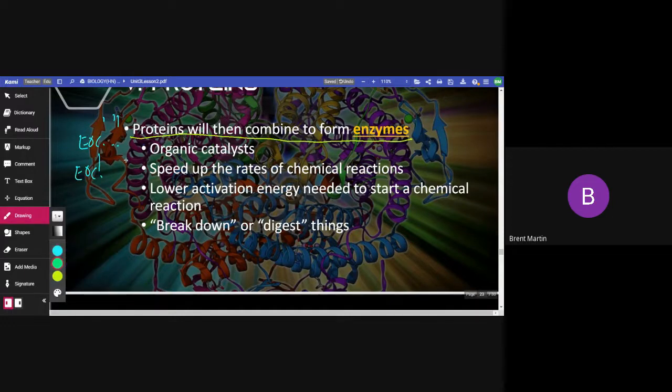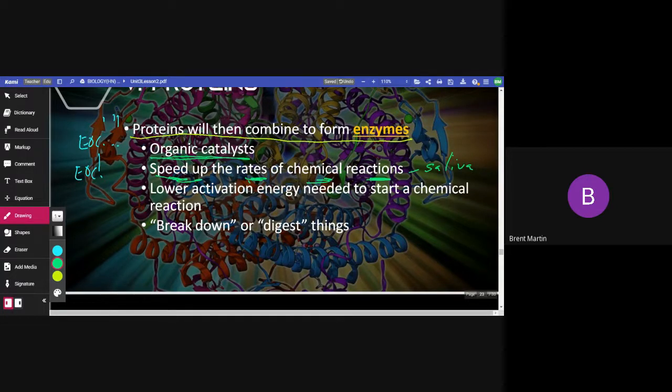Some important phrases that you'll need to know is that they are organic catalysts. And what that means is that they speed up the rate of a chemical reaction. You've got an enzyme in your mouth right now called saliva. It's actually called salivary amylase. Does it not help speed up how fast you break down bread in your mouth?